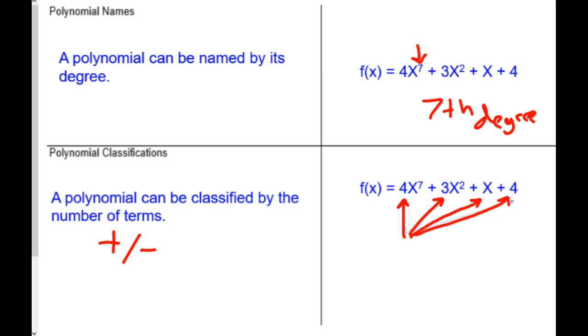I want everyone to see the plus signs or the minus signs can separate, and this is how many terms? 4 terms. Sometimes terms have plus and minus. Sometimes terms have numbers and letters and exponents, okay? But they're separated by plus and minus. So this is 4 separate terms on this one.